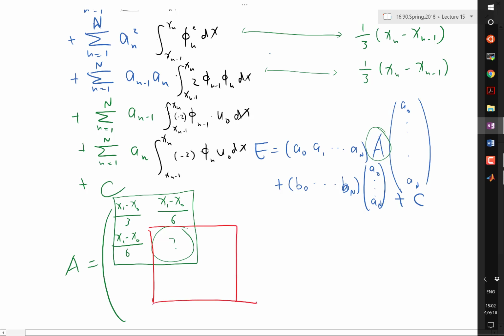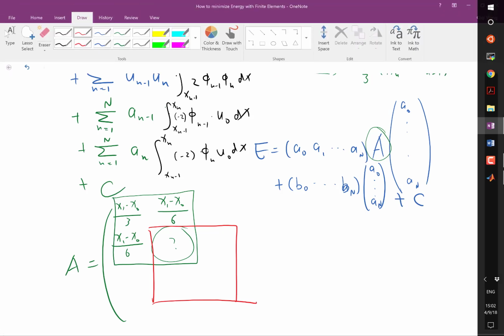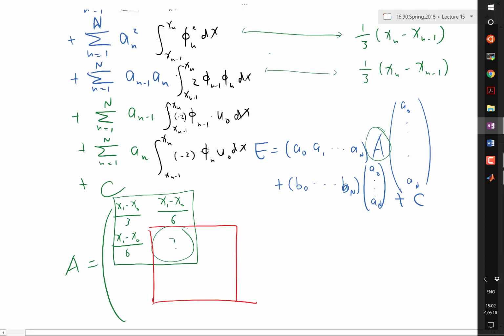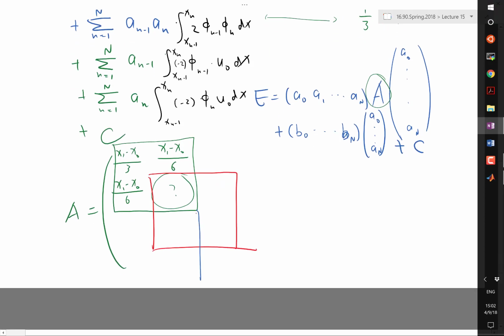Yes, you shift it down by 1. And then the one that contains contribution from the third element is this guy. So this would be the whole matrix if I have 3 elements. There are 2 elements that have contributions from 2 elements.